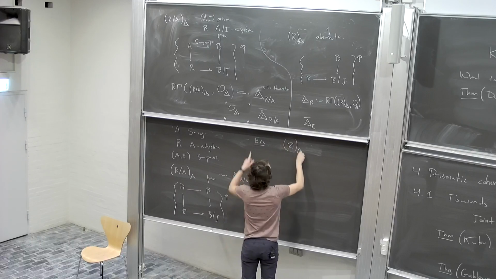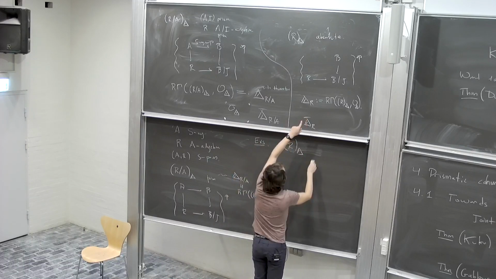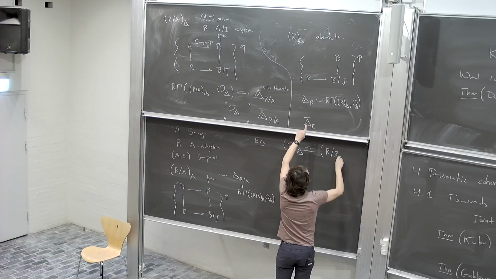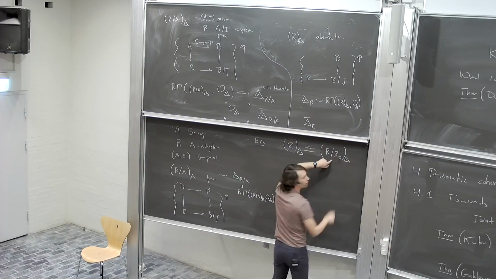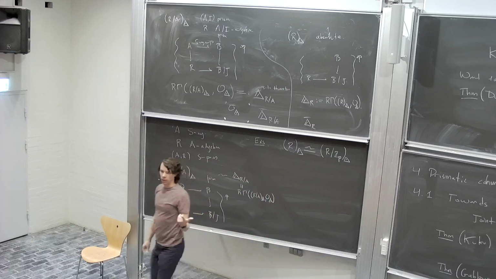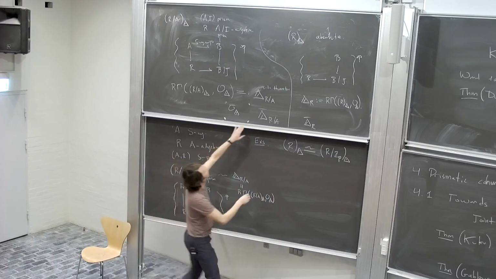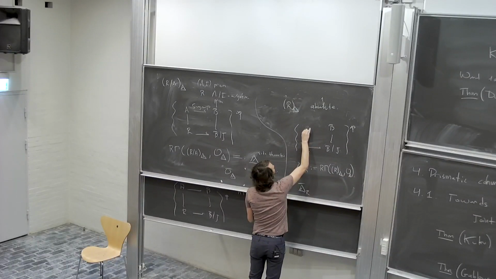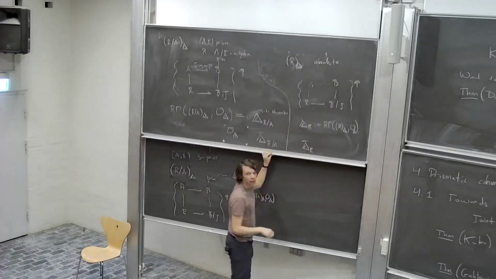The absolute prismatic site is just equivalent to the relative prismatic site over the delta ring Z_p. Z_p is the initial delta ring. So I can view it as living in here, behind a curtain, or not.